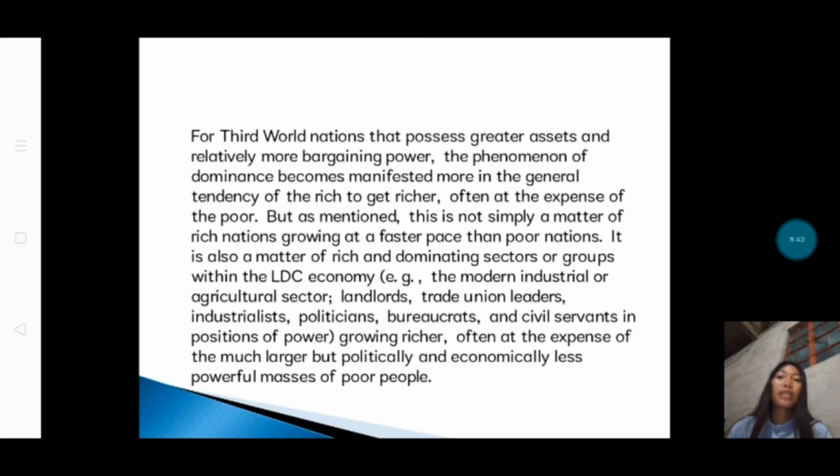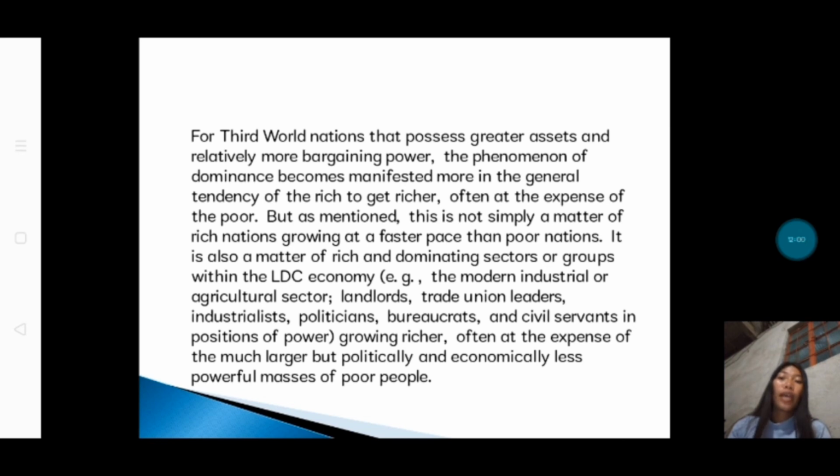But as mentioned, this is not simply a matter of rich nations growing at a faster pace than poor nations. It is also a matter of rich and dominating sectors or groups within the LDC economy.